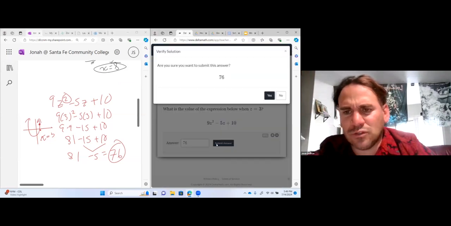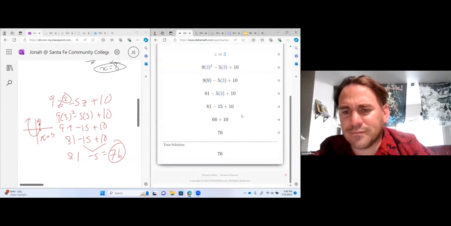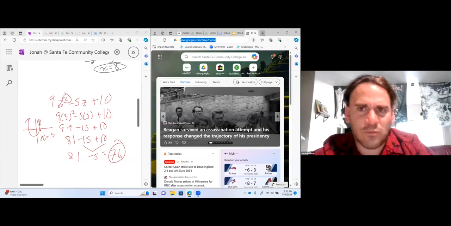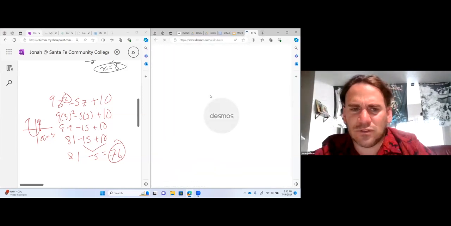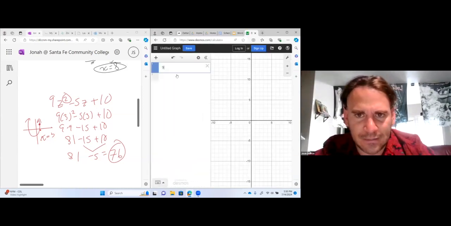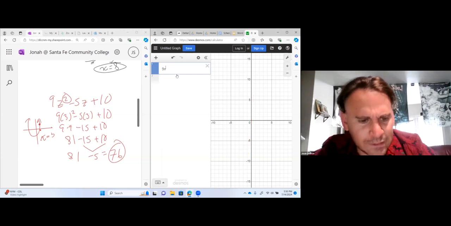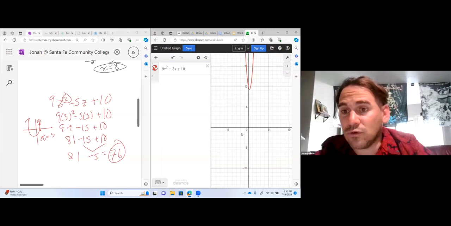Don't be afraid to show students this with Desmos. Ta-da. Don't be afraid to use Desmos on this for the students. 9x raised to the second power minus 5x plus 10. There it is. Oh, it actually has no real roots.